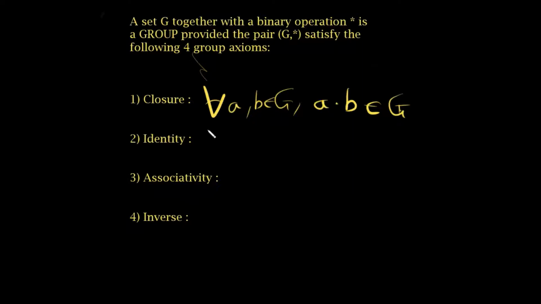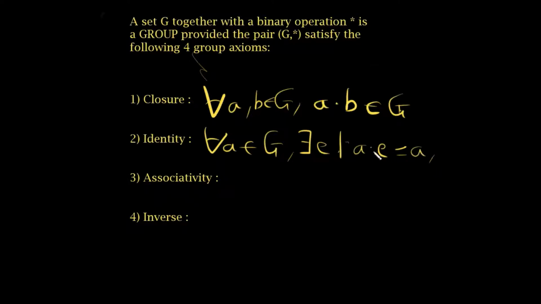The identity axiom says that for any A in G, so for any element in the set, a special element exists, we'll call it E, such that if we compose A with E, we just get that element.